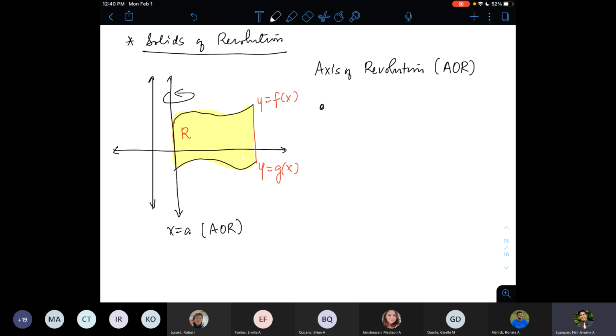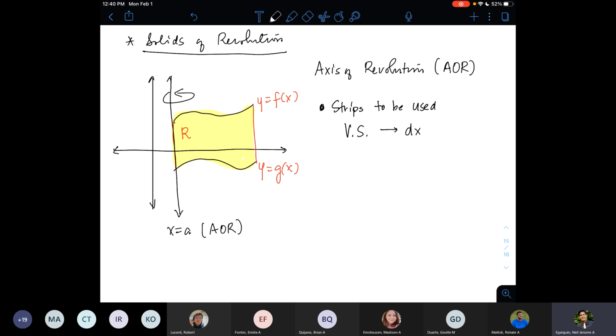But the idea is this. I usually start by picking out what type of strip to use. So if you use vertical strips, then you always have a dx. So your integral bounds would be with respect to x.